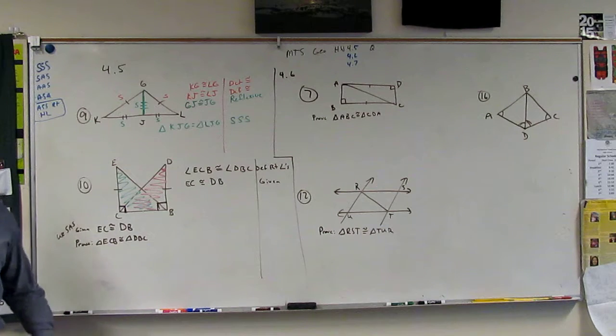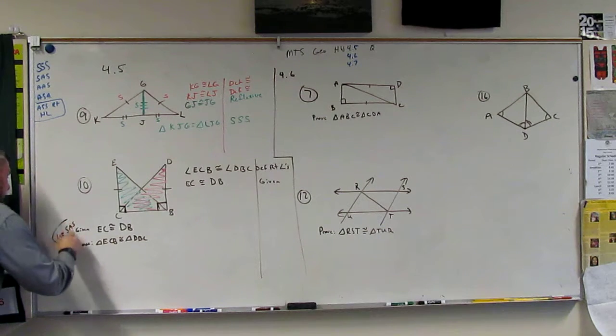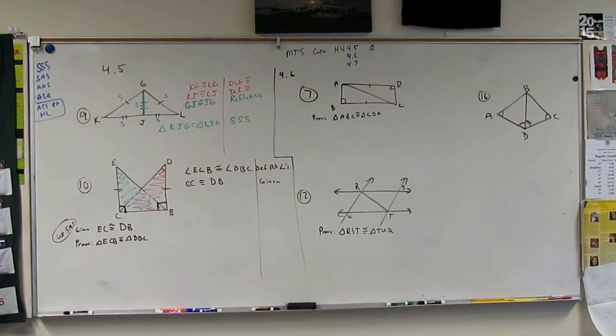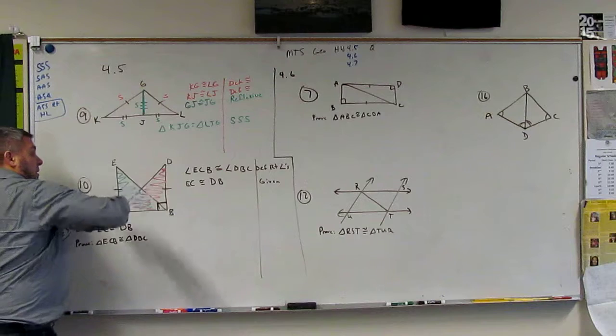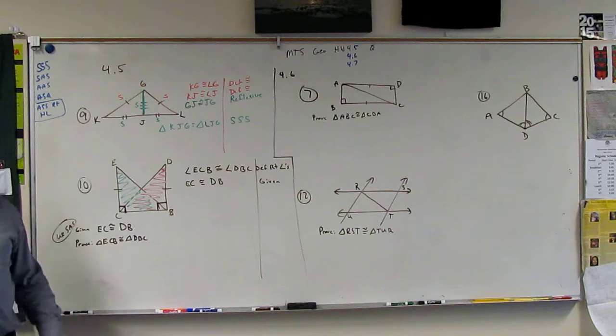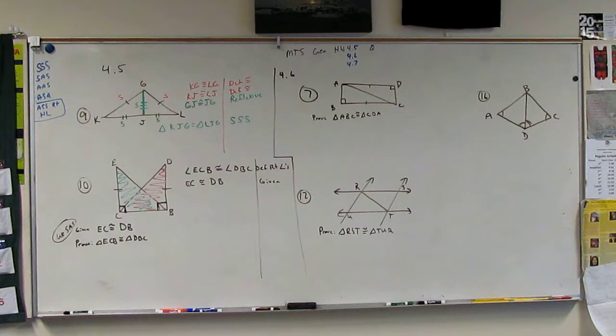What they wanted us to do was solve it using side angle side. So they gave us a hint. Instead of trying to use, because it's a right angle, angle side side, to prove that the hypotenuses are equal, we don't know that they're equal. We have no clue.